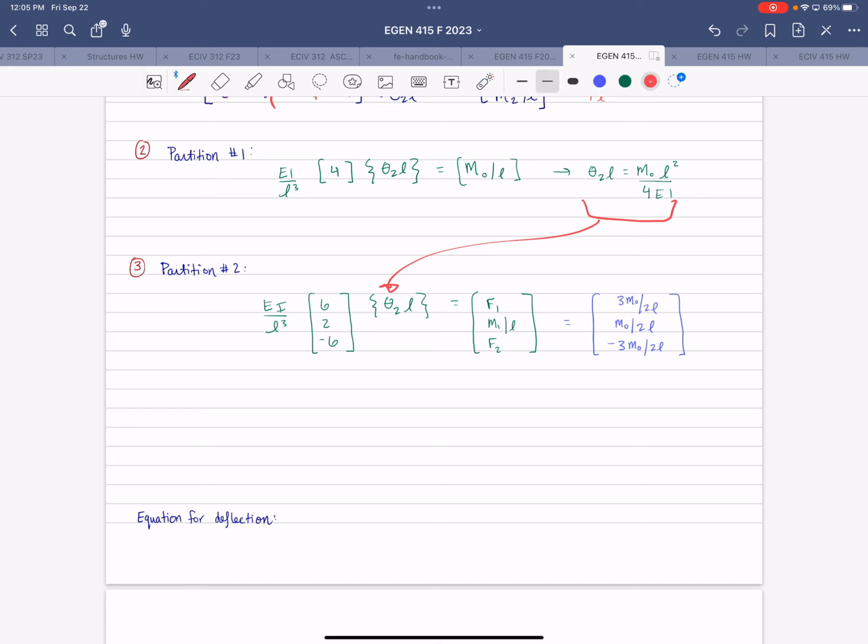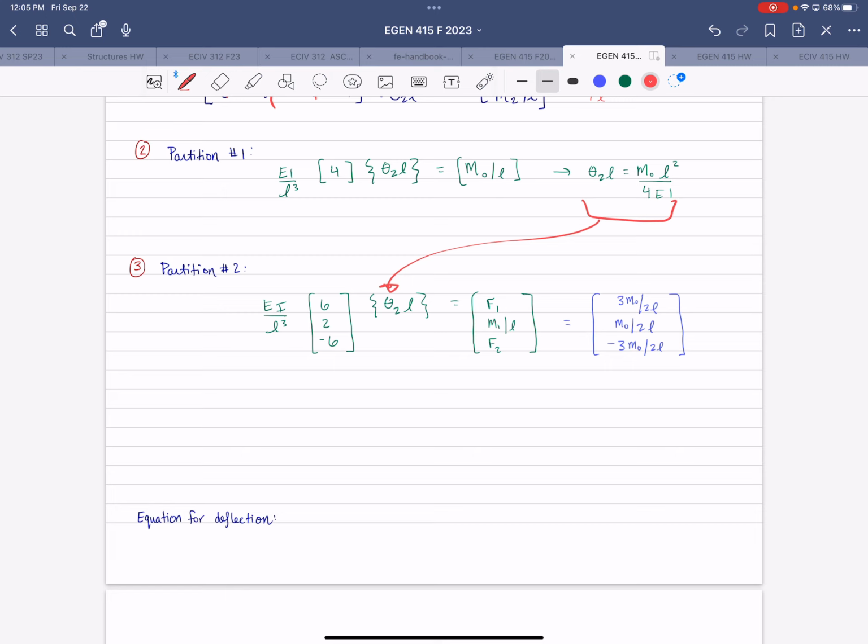So to wrap up this example, we have found the forces. The next step is to interpret those results onto a sketch, essentially your final free body diagram.